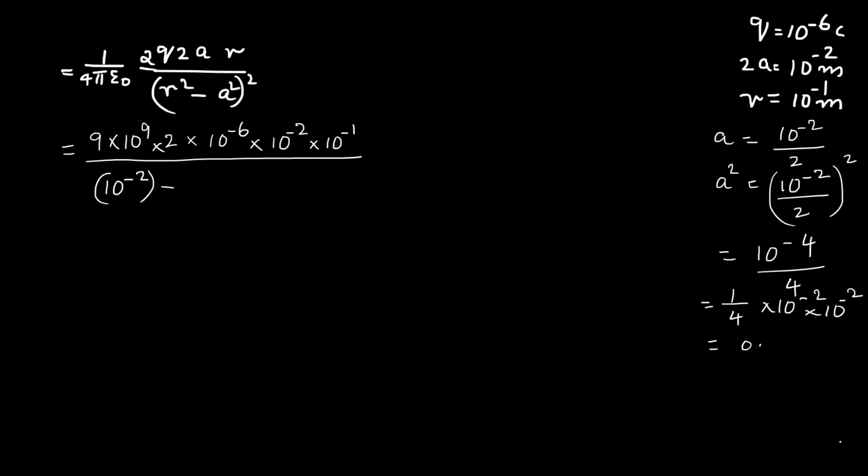That is 1 by 4 is equal to 0.25, into 10 raised to minus 2 will be 0.0025 into 10 raised to minus 2.